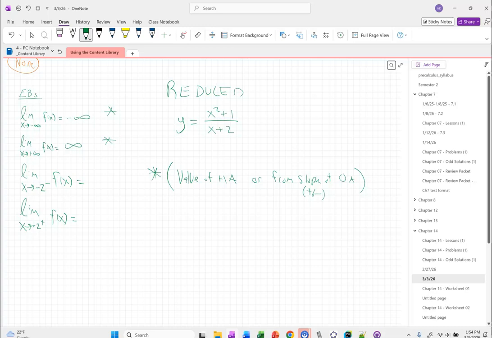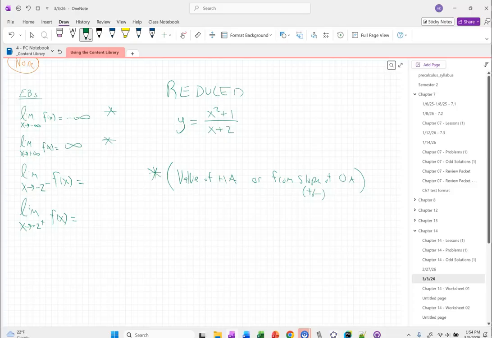So now let's think about these guys. Here I'm approaching, now I'm going to do it the way that I intended. Here I want a value to the left of negative 2, so let's say like negative 1.9. A negative squared is a positive. Negative 1.9 plus 2 is positive.